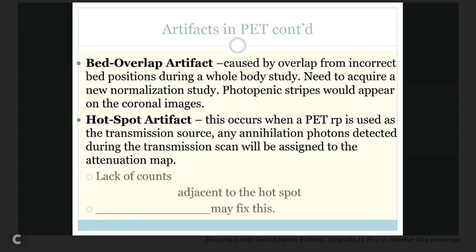How do you think you could fix this? More scanning time? More scan time. Interesting.